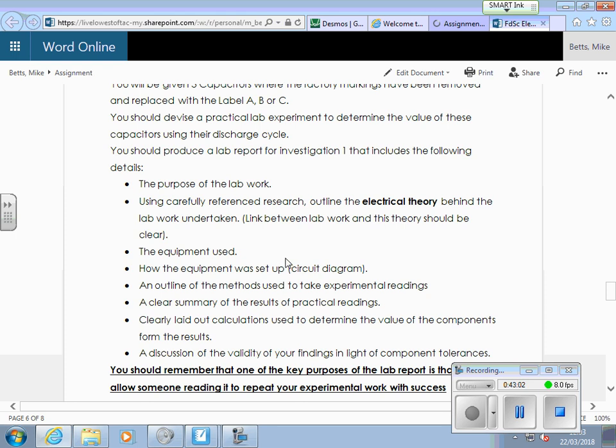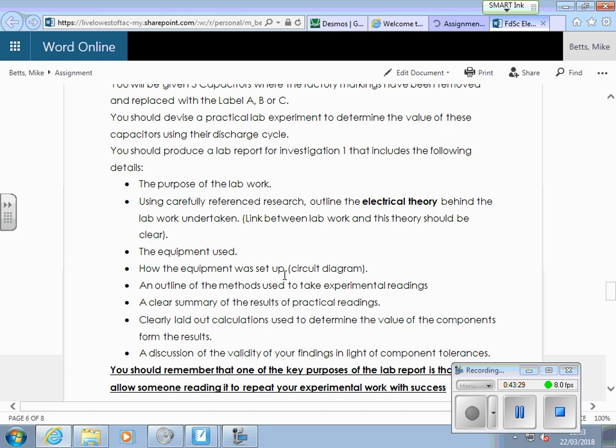Equipment used, and how the equipment was set up. Circuit diagram. I ought to put that in big letters. Not a picture of the equipment, a circuit diagram. Because the idea of a good lab report is that somebody else reading your work could repeat the experiment, maybe with different equipment to you.